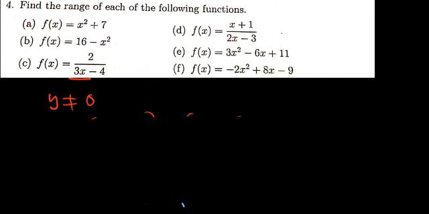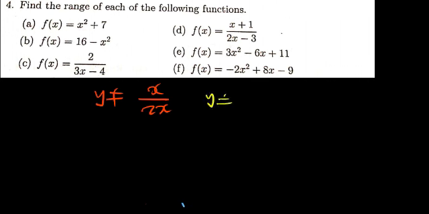Now, what if the numerator and the denominator have got the same degree of x? For example, part D. If they have got the same degree of x, you divide x divided by 2x. So in short we say divide the coefficients of those terms. It's the same thing because x and x will cancel out.